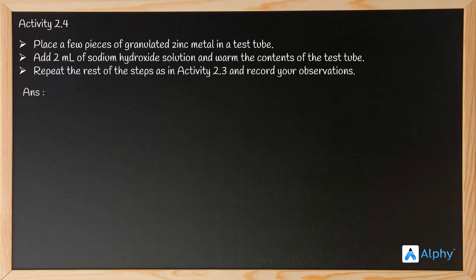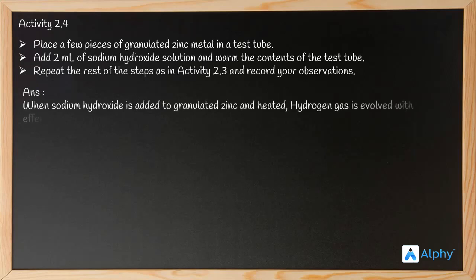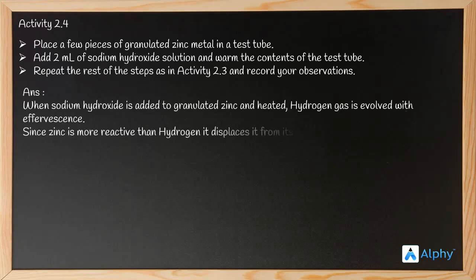Now the answer here will be: when sodium hydroxide is added to granulated zinc and heated, hydrogen gas is evolved with effervescence. So again here we observe hydrogen gas being evolved along with effervescence, and so bubbles are seen near the surface of zinc granules. Since zinc is more reactive than hydrogen, it displaces it from its compound and forms sodium zincate.